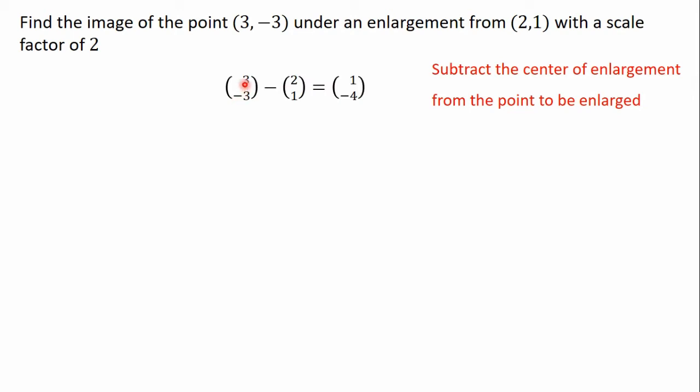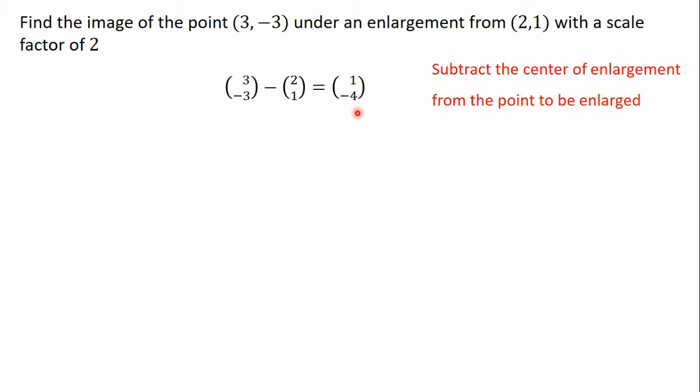Let's do that. We will have 3, minus 3 minus 2, 1. 3 minus 2 will give us 1, minus 3 minus 1 will give us minus 4. So after subtracting the center of enlargement from the point to be enlarged, we have 1, minus 4.